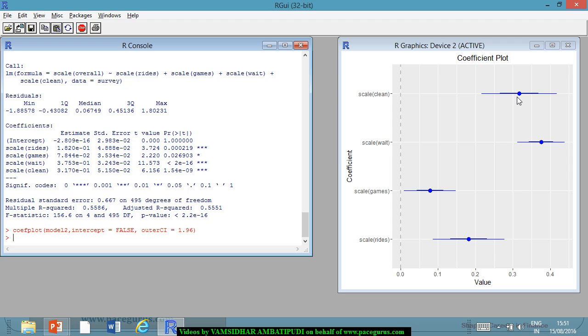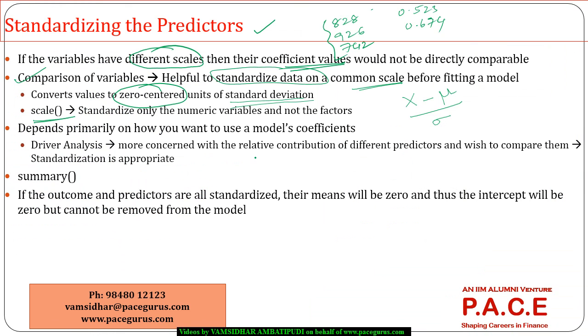I could clearly see that the kind of satisfaction level that they are giving to the waiting times is having a much bigger influence on the overall satisfaction levels compared to the satisfaction that they are having with respect to the cleanliness. Well, but overall it is looking like for games it is still on the lower side.